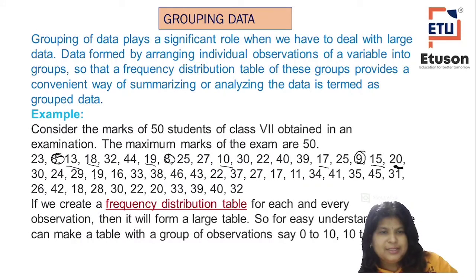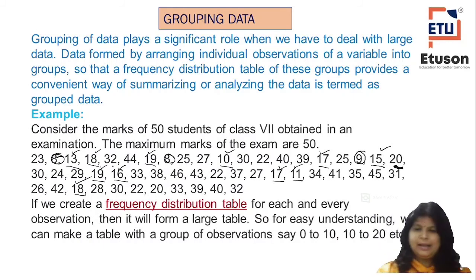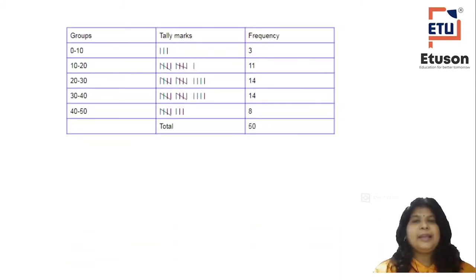What is next? 19, 16, then 17, 11, then you have 18, and that's it. Let us count 1, 2, 3, 4, 5, 6, 7, 8, 9, 10, and 11, right? That is how I had taken 11 here.